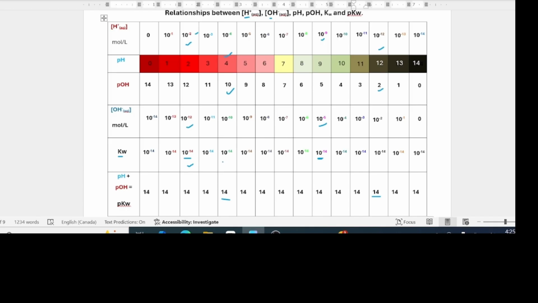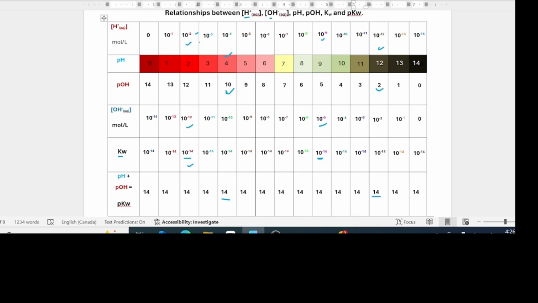Now we look at the relationships between pH and pOH. If a solution has a pH of 4, its corresponding pOH will be 10. If it has a pH of 12, its corresponding pOH would be 2.